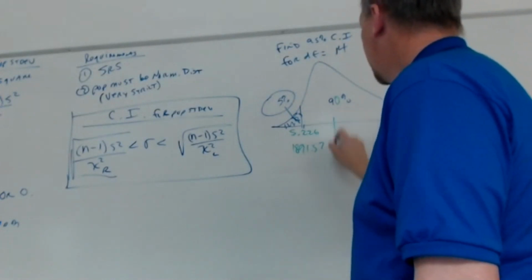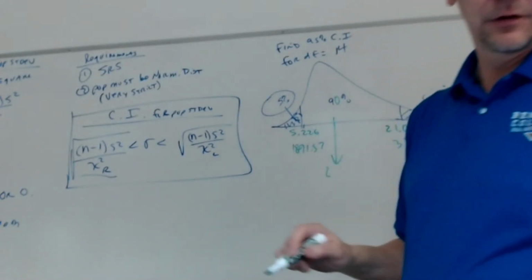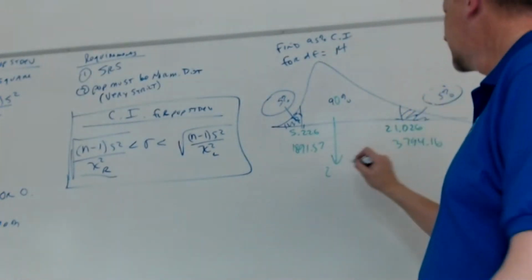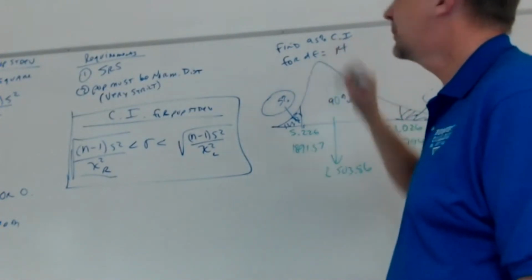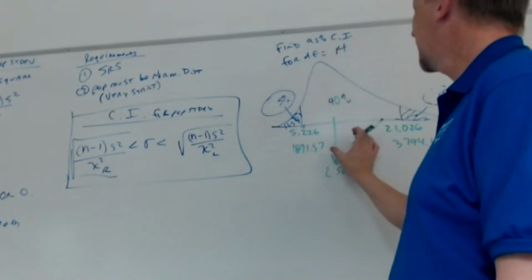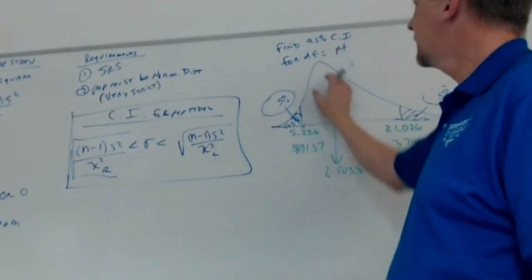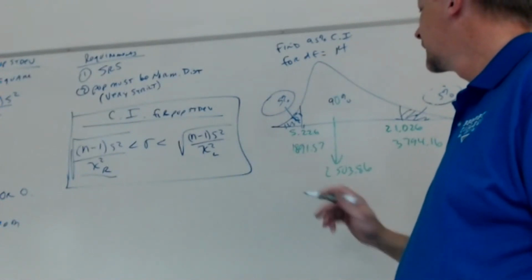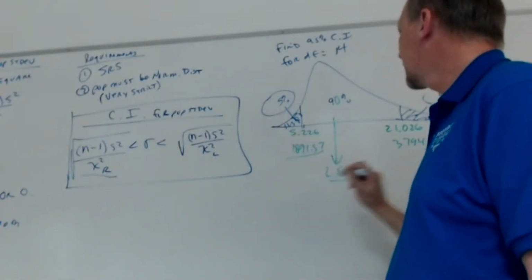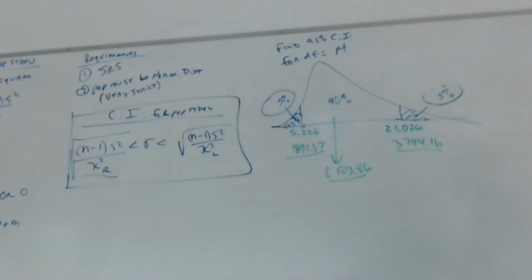And I got a value here of 2503.86, which is kind of where the peak is, right? You would expect your standard deviation to be around the peak, wouldn't you? But it's definitely much closer to the low side than the high side, because it's not symmetric.